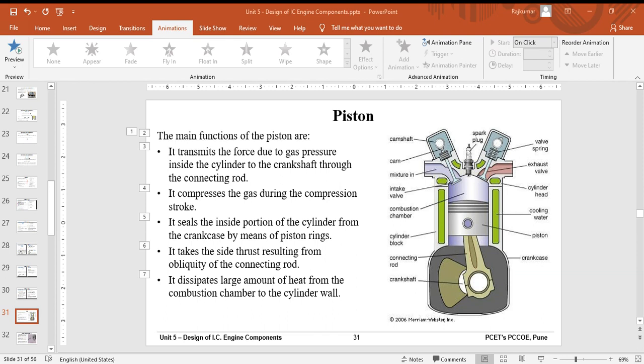Cast iron pistons are used for moderately rated engines with piston speed below 6 meters per second, whereas aluminum alloy pistons are used for highly rated engines with piston speed above 6 meters per second. And as I told you, two manufacturing processes are used, forging and casting. And you can see the temperature variation in both cases.